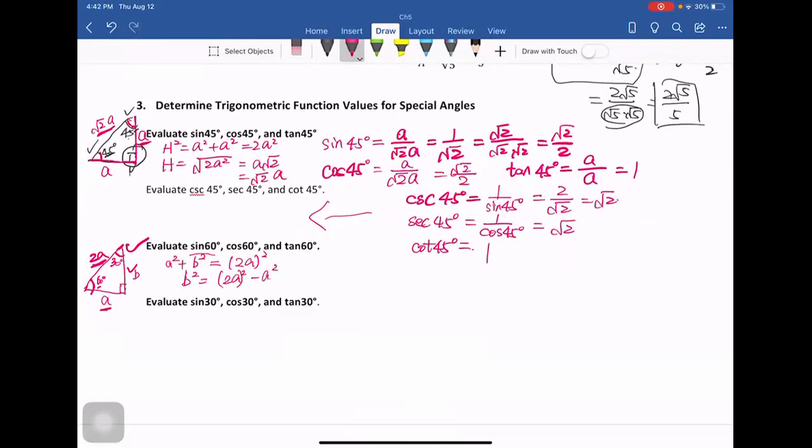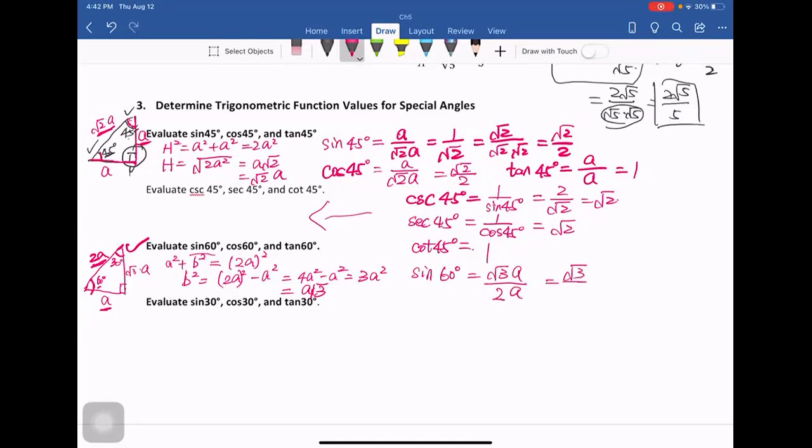Subtract A squared. That equals 4A squared minus A squared, which is 3A squared. So B is A times square root of 3. Now we know this part is square root of 3 times A. Now we can find sine 60 degrees equals opposite, which is square root of 3A, over 2A.